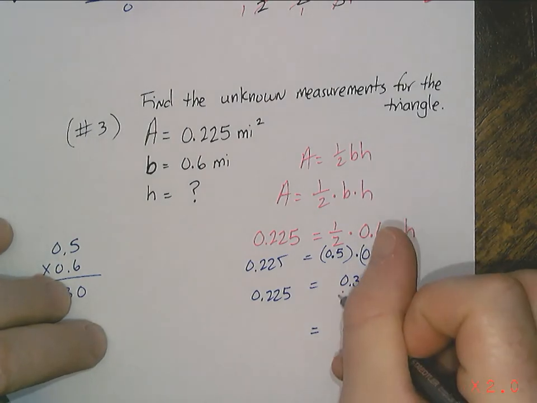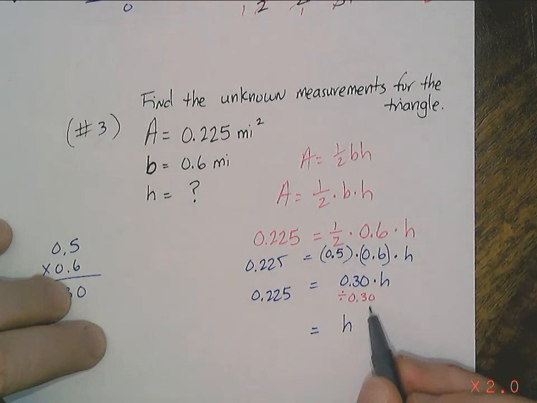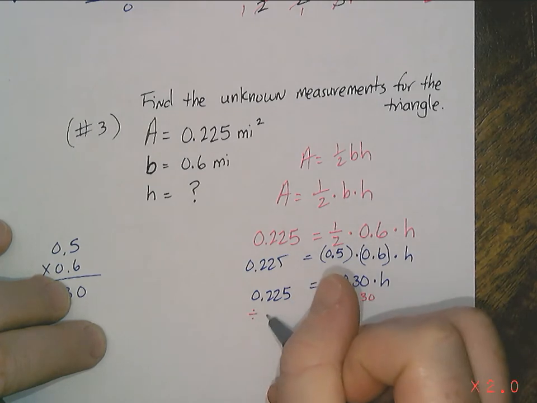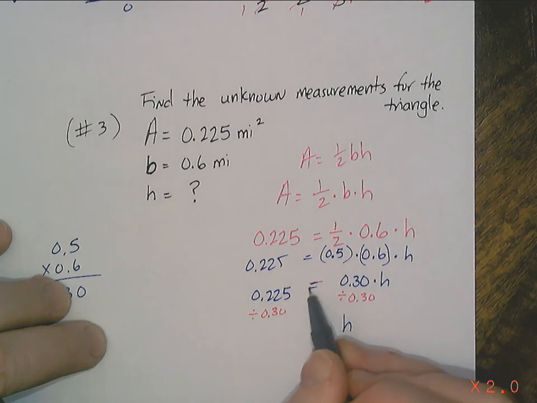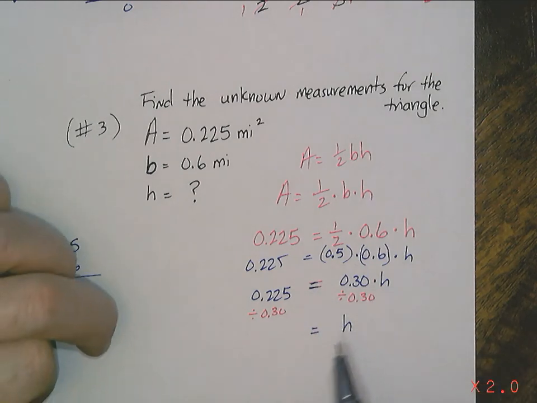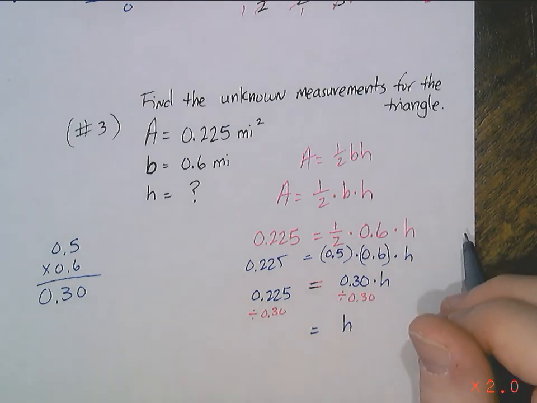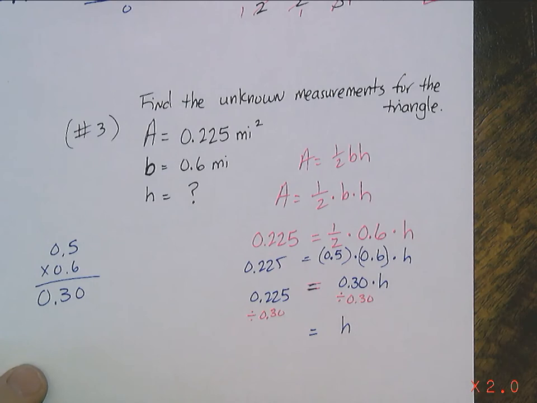So we're going to divide both sides by 0.30. Now remember, we're not just dividing this side, but we're also dividing the other side. The reason why is because this is an equation. In an equation, you want to keep it balanced because of these equal signs. These equal signs help us maintain balance. So that's why we're dividing both sides by the same number.